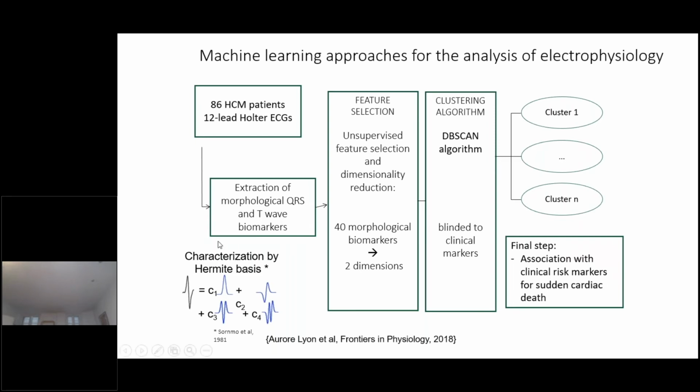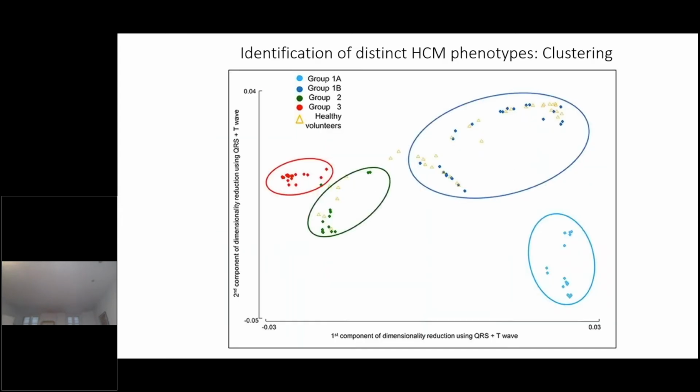As you can see here at the bottom left, this gives us a collection of coefficients, and these coefficients can be used in a clustering algorithm to see if there are differences in hypertrophic cardiomyopathy. Represented here, one can see that there seem to be a number of separate clusters.